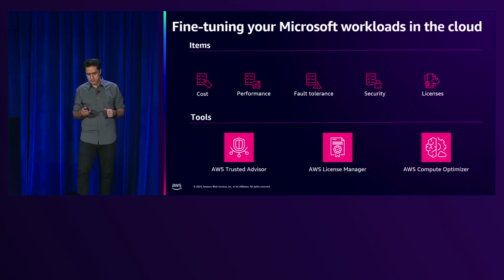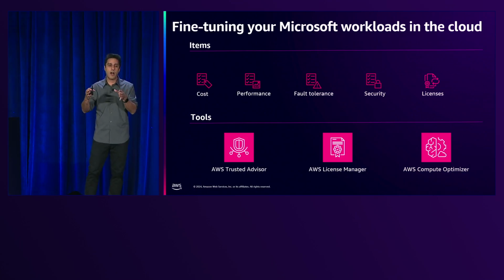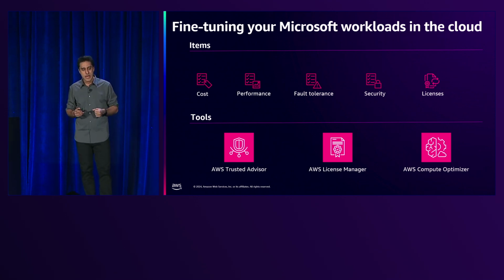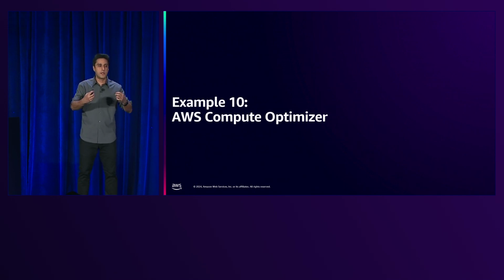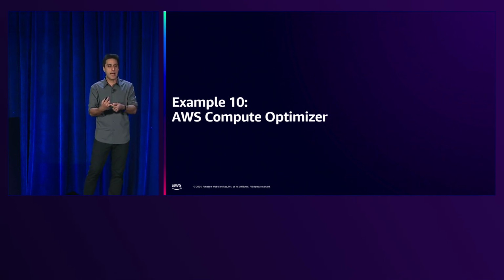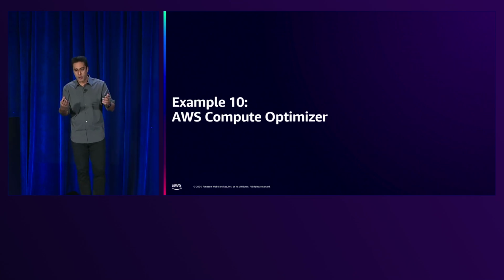And Compute Optimizer. Going back to having AI in different services, Compute Optimizer is also not an exception. The concept is you opt into it and it gives you suggestions on different things to optimize your resources: your EC2 instances, your Lambda functions, your EBS volumes, Auto Scaling, and recently we released support to optimize your Windows licenses.